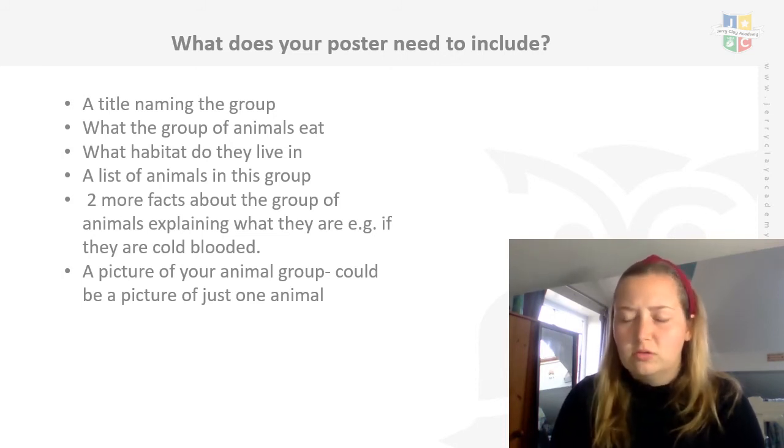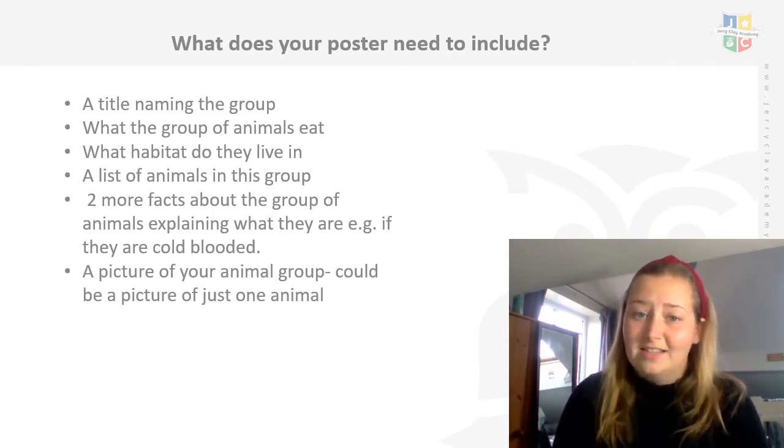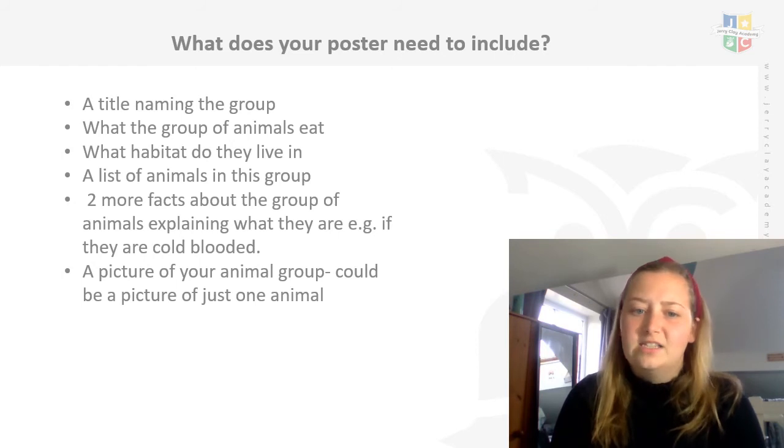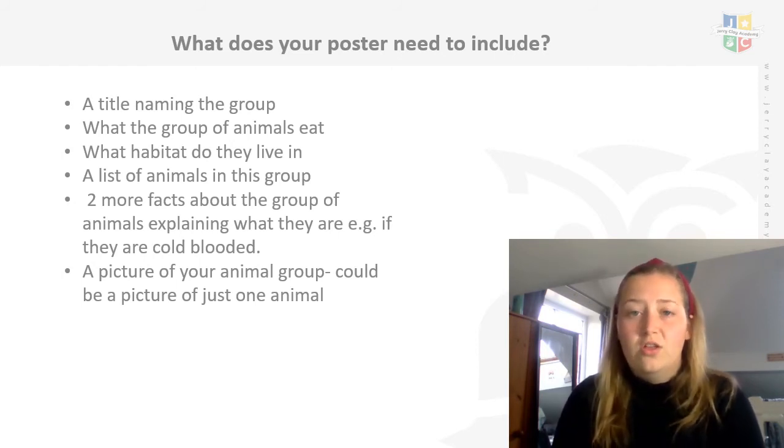So I know some mammals might eat deer or rabbits. What habitat do they live in? So we know that reptiles need to live in a hot habitat, don't we? A list of animals in this group. So we saw, for example, in the amphibians, there were frogs, salamander. What other animals are there in that group?